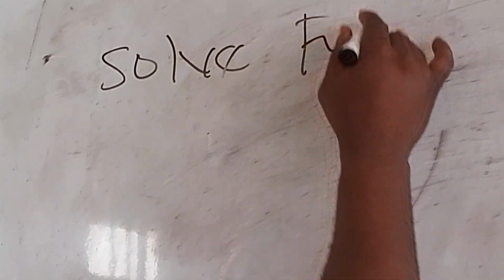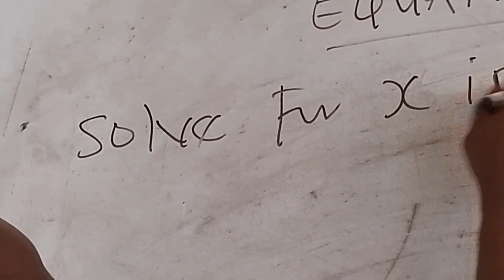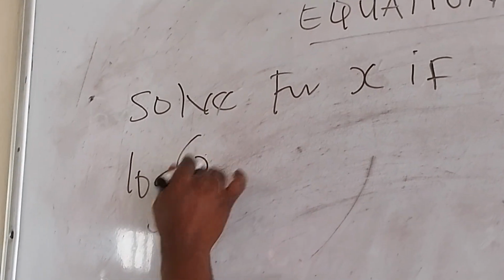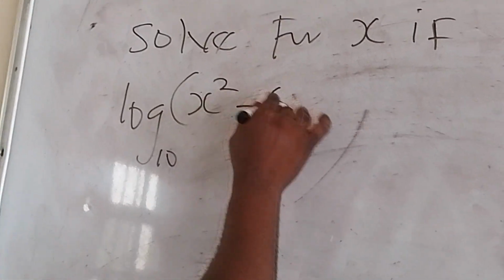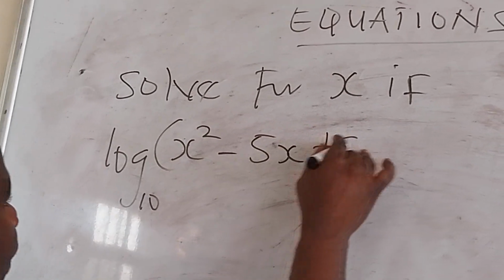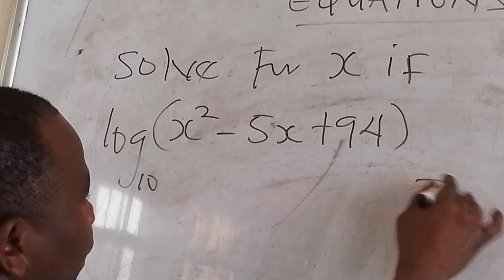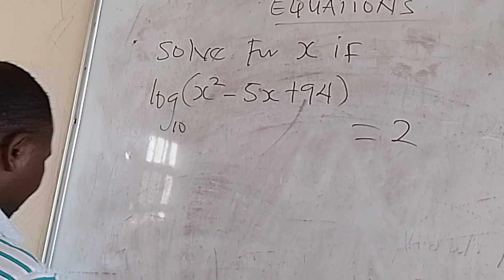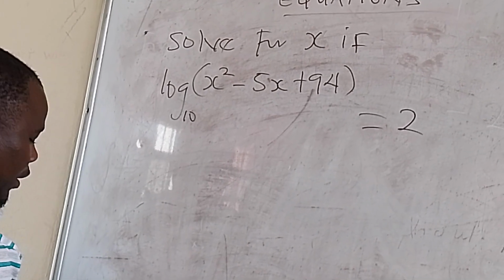Solve for x if log base 10 of (x raised to the power 2 minus 5x plus 94) is equal to 2. Simple as ABC. It's not difficult. Is that clear?